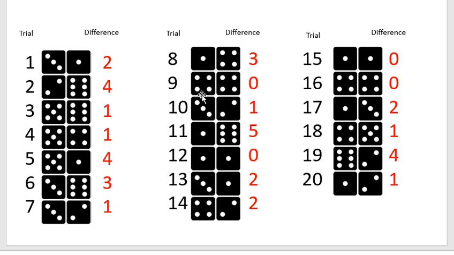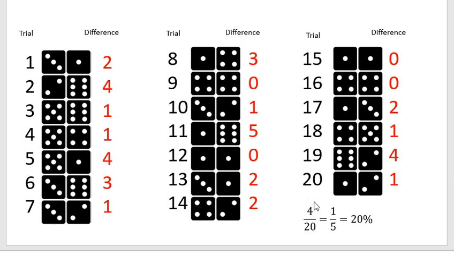We're now going to count how many 2s came up. We had 1 here, 2, 3, 4. So we had 4 different outcomes in our experimental probability trials, 4 out of a total number of 20. And I've written that down here.